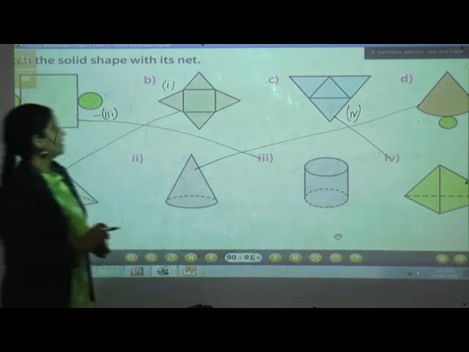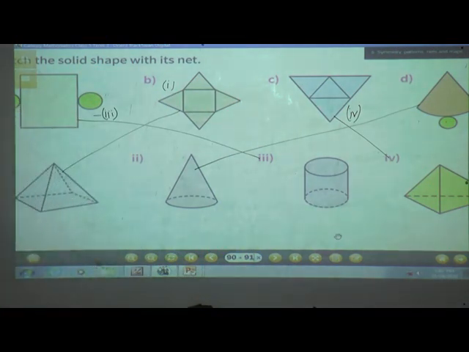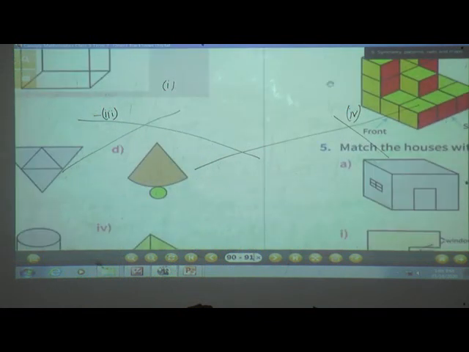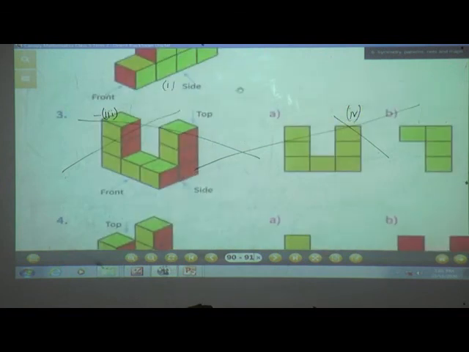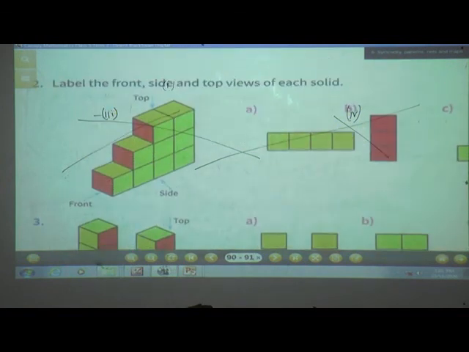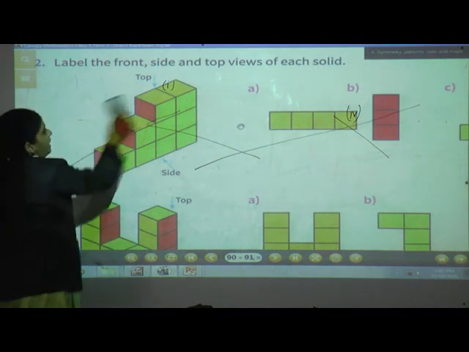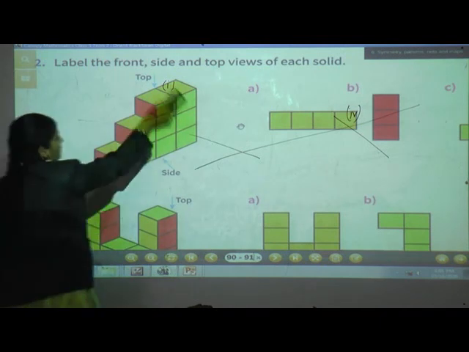So here are the answers. Now we'll see the next one. Second question. Here, label the front, side and top views of each solid.